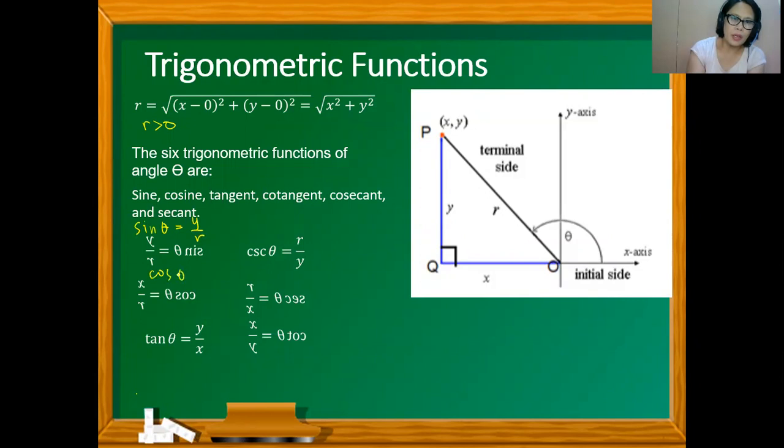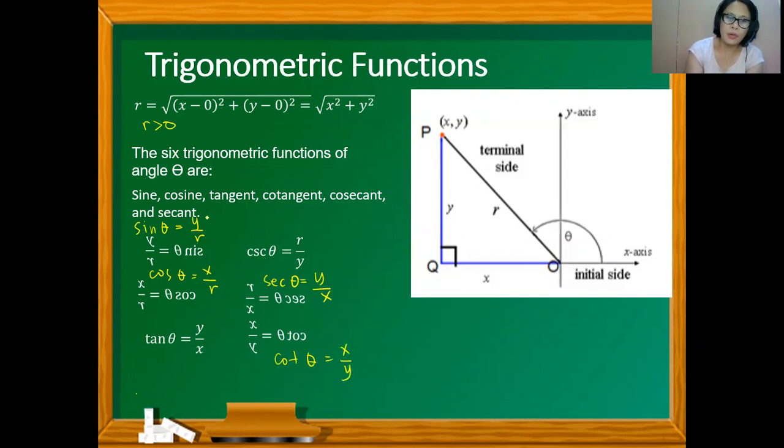Cosine theta equals x over r. Tangent theta equals y over x. And cotangent theta equals x over y.